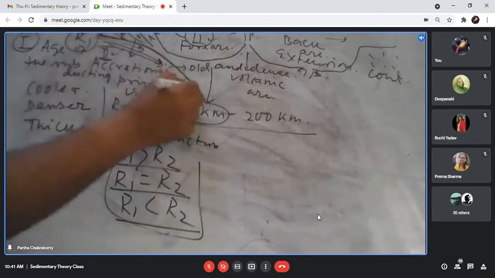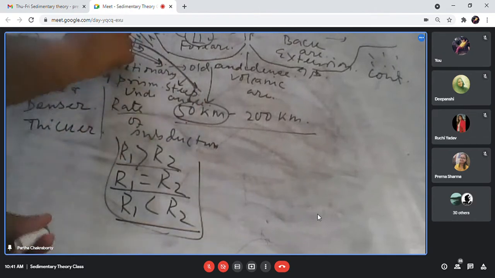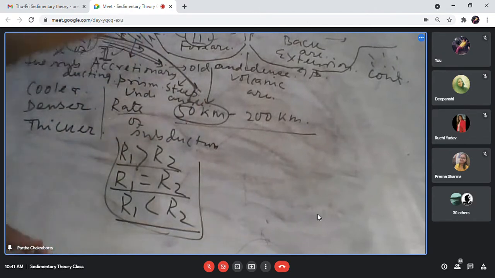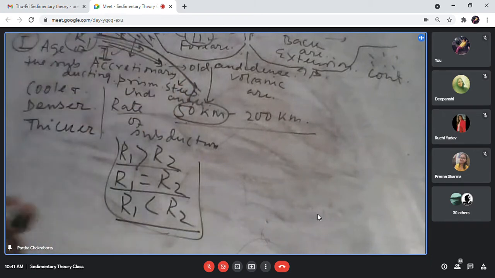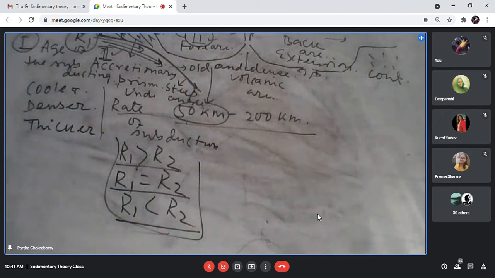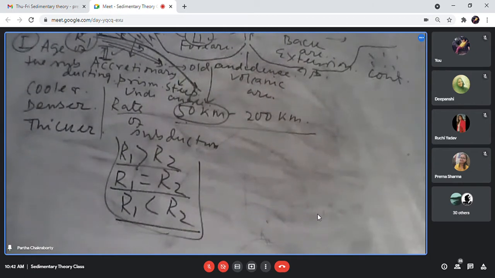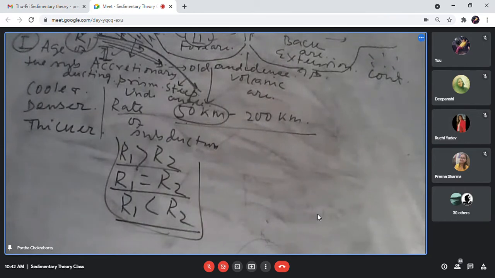It is not stationary. If it is subducting more rapidly than the rate of convergence, the trench cannot remain stationary, so it will continuously roll back. The newer and newer position of the subducting slab will assume the trench position. That is called trench rollback. Am I clear?